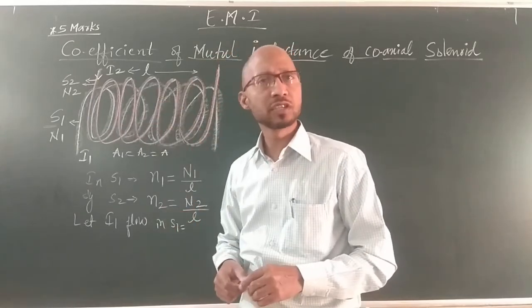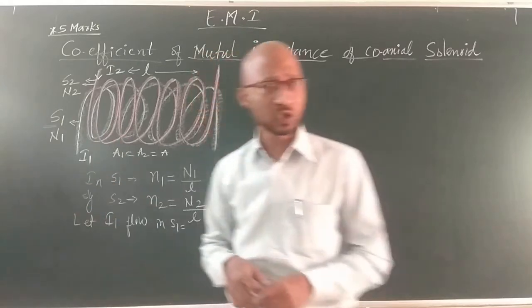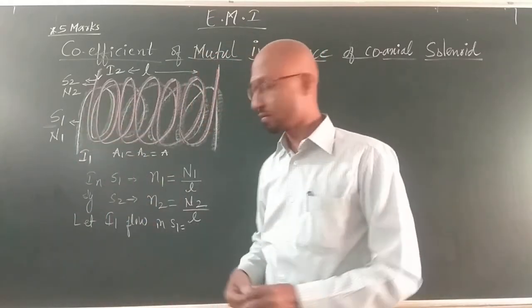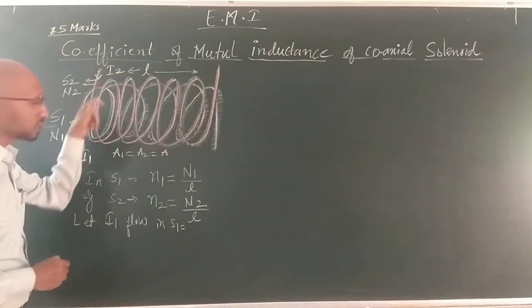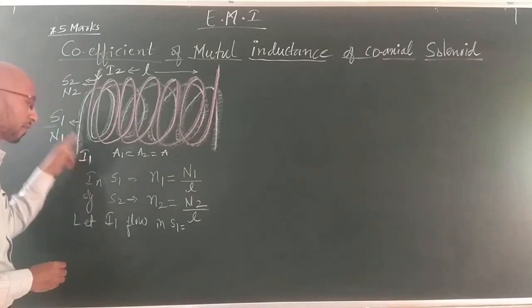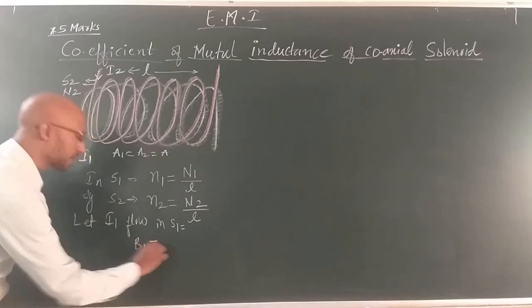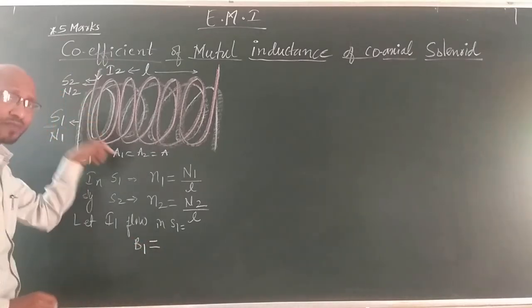The magnetic field will be generated in the first coil, because current is flowing in the first coil. It means when the current I1 flows in the first solenoid, a magnetic field will be produced in it, and let us represent it by B1, the magnetic field produced in the first solenoid due to the flow of current in the first solenoid.